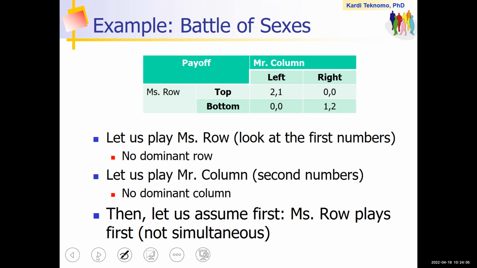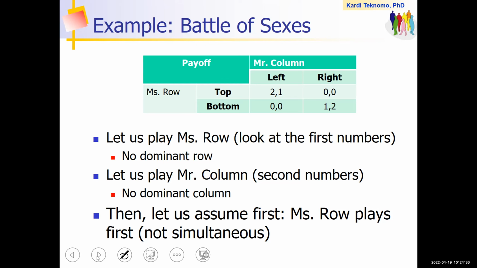Okay, let's solve this using Nash equilibrium. How to do it? Assume first that Miss Row will play first. This assumption is crucial. In reality, this is played simultaneously, right? But in computing the Nash equilibrium, you assume one of the players will play first, not simultaneously.